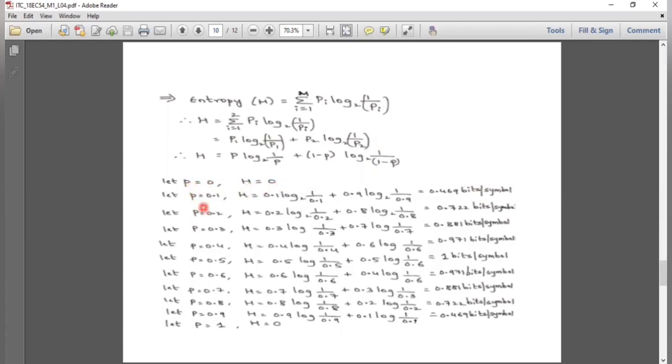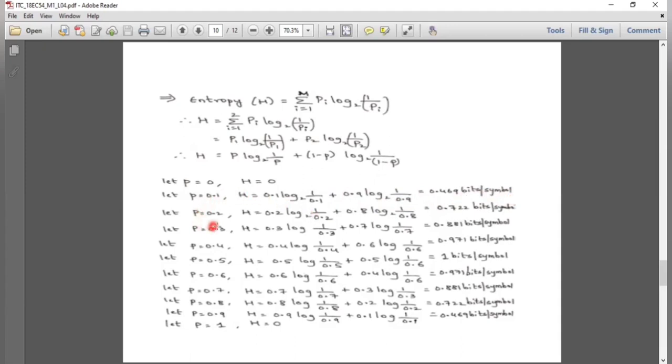Next case, replace p with 0.1. So the H equation will be 0.1 log of 1 by 0.1 plus 1 minus p, that is 1 minus 0.1, which gives us 0.9 log of 1 by 0.9. Once you simplify this entire equation, you get entropy H as 0.469 bits per symbol.